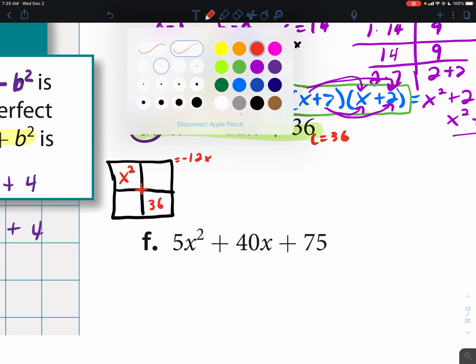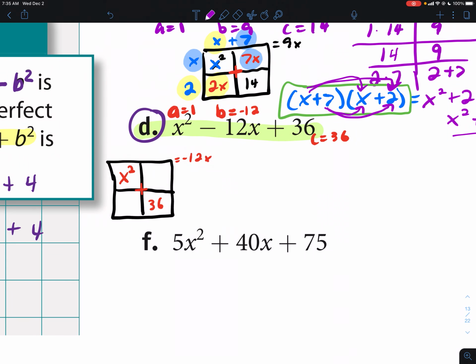And we're looking for factors of A times C, so that's 1 times 36, that add up to our B, that add up to negative 12. So factors of 36 that add up to negative 12. So since this 12 is negative, and this is our adding part, that means we're going to have two negatives here, because two negatives multiply to give you a positive, but then add to give you a negative number.